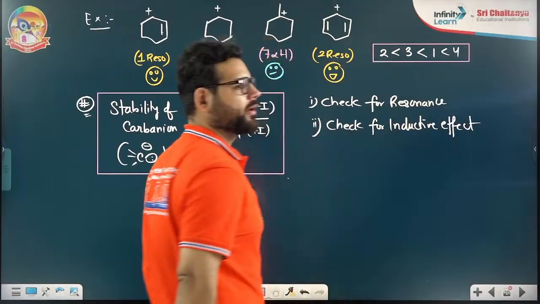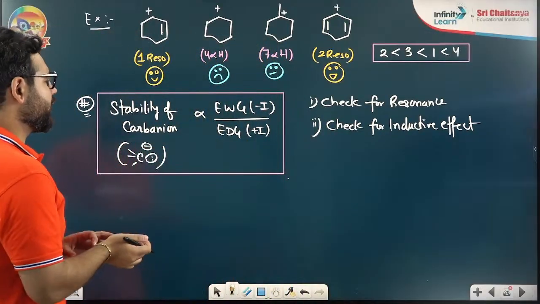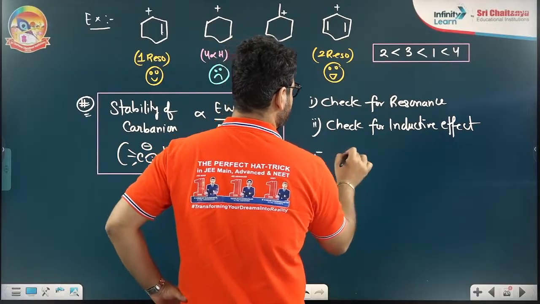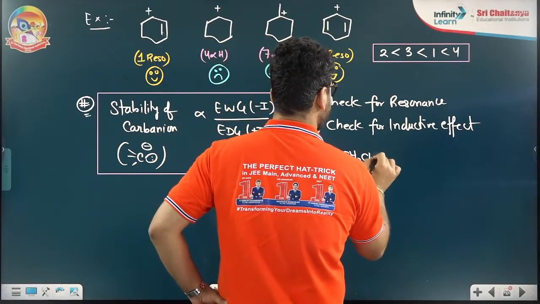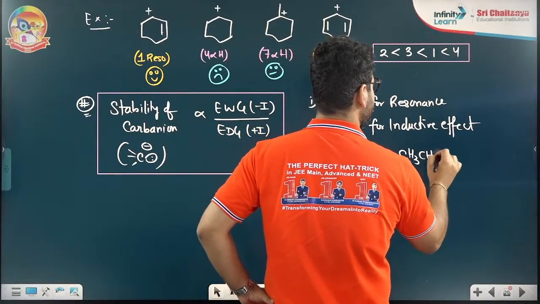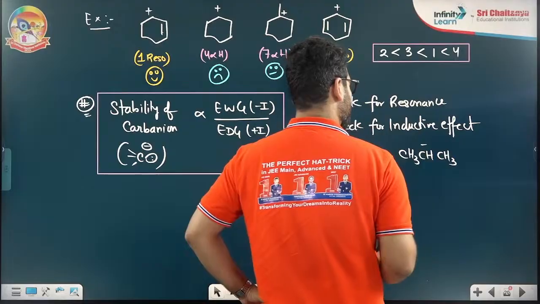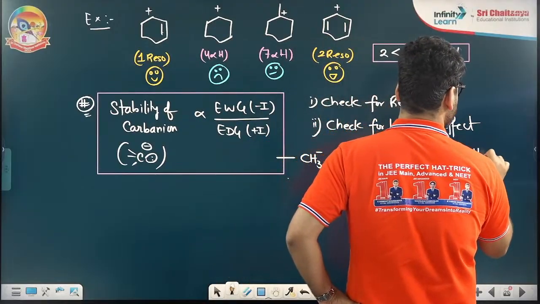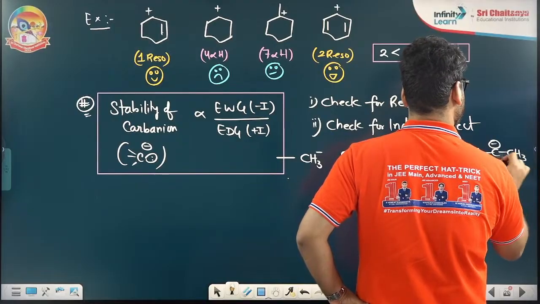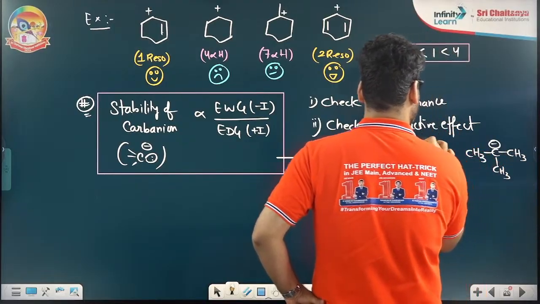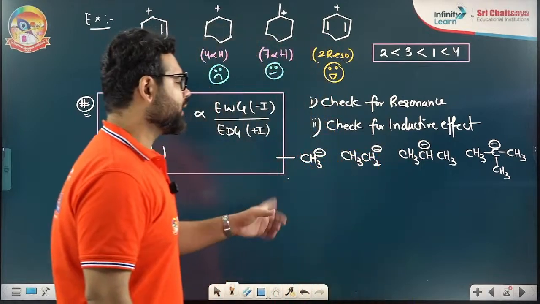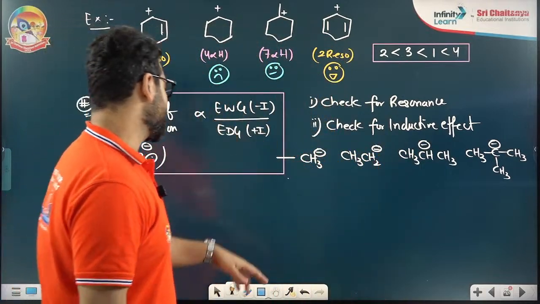In any normal carbanion, if I look at carbanions which look like this, CH3 negative, CH3 CH2 negative, CH3 CH negative CH3, and (CH3) whole thrice C negative, like this. No resonance, no resonance, no resonance, no resonance.